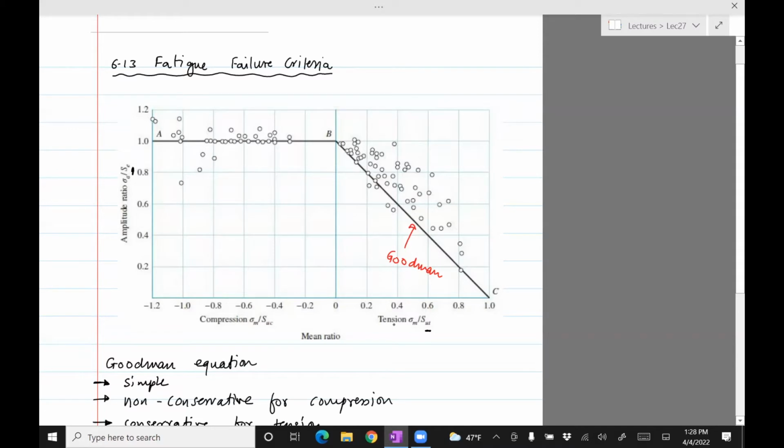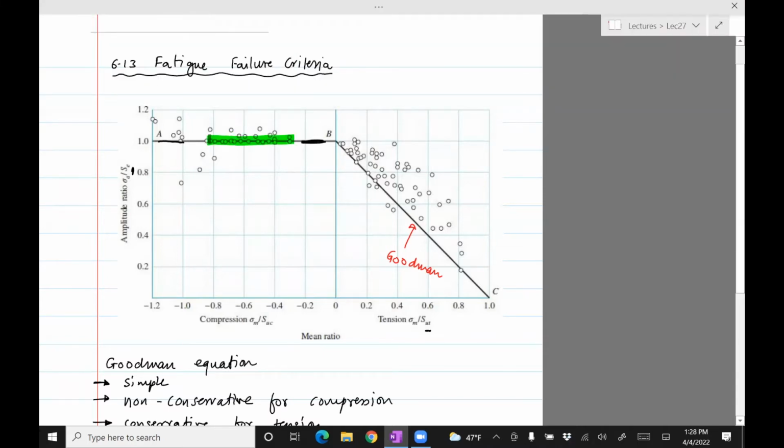So you can plot pretty much every material you can think of on this plot by non-dimensionalizing. We've seen, for example, that in the compression region this line is more or less flat because it explains a lot of plot points there, as you can see here.